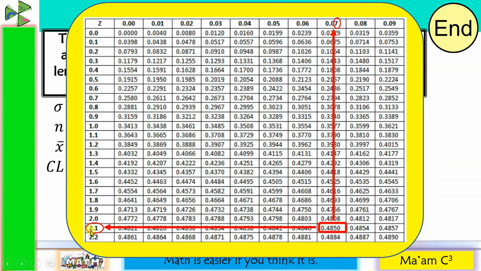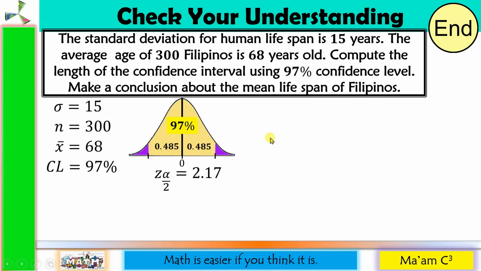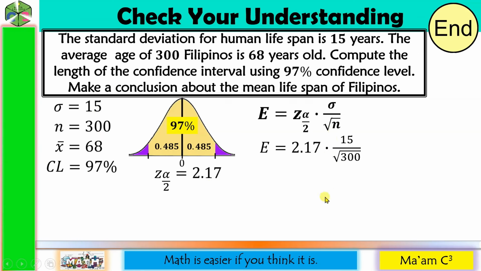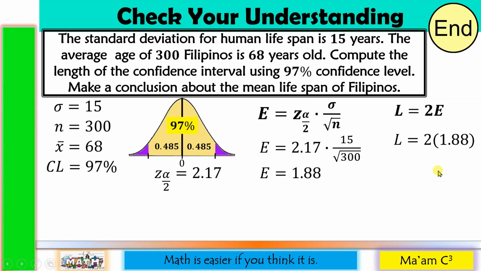So we have 2.17. Let us solve for the margin of error, 2.17 for the critical value, 15 for sigma, and 300 for our n. And this will give us 1.88. Now, for the length of the confidence interval, length is equal to twice of the margin of error. So 2 times 1.88, and this will give us 3.76.